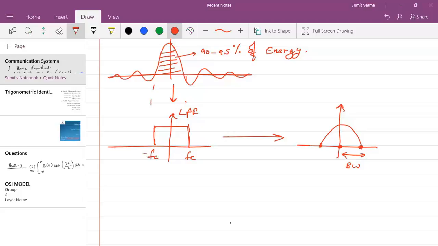We have lost some information here, but because I am retaining 90 to 95% of the information of the signal, the major portion of the information is still intact, and I can reconstruct the message signal using this information.